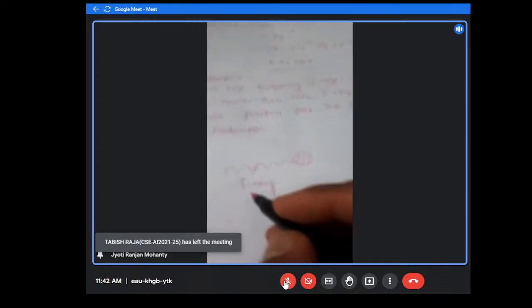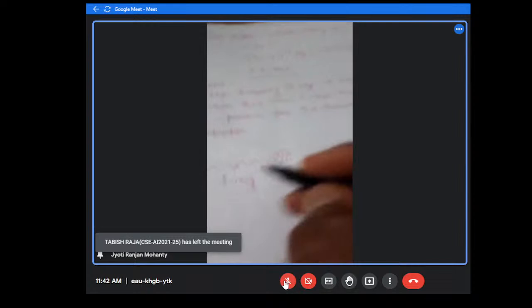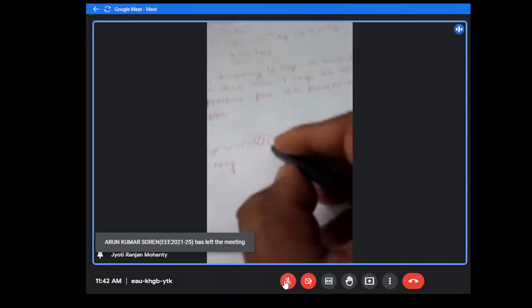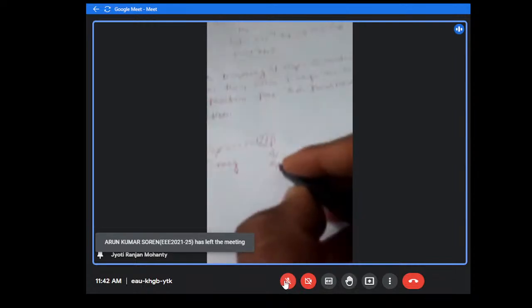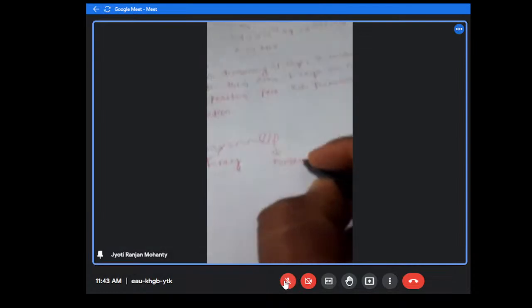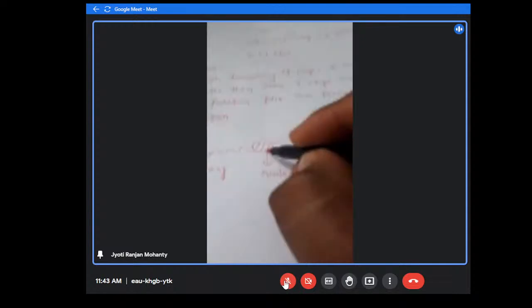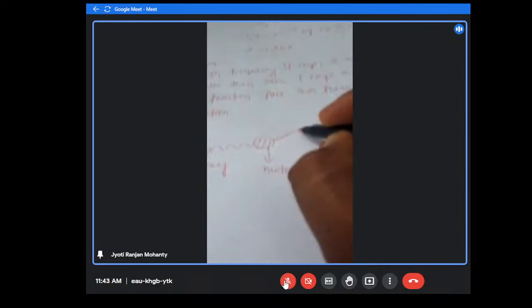When the gamma ray is incident on an atomic nucleus, some of the gamma rays are converted into an electron and positron pair.